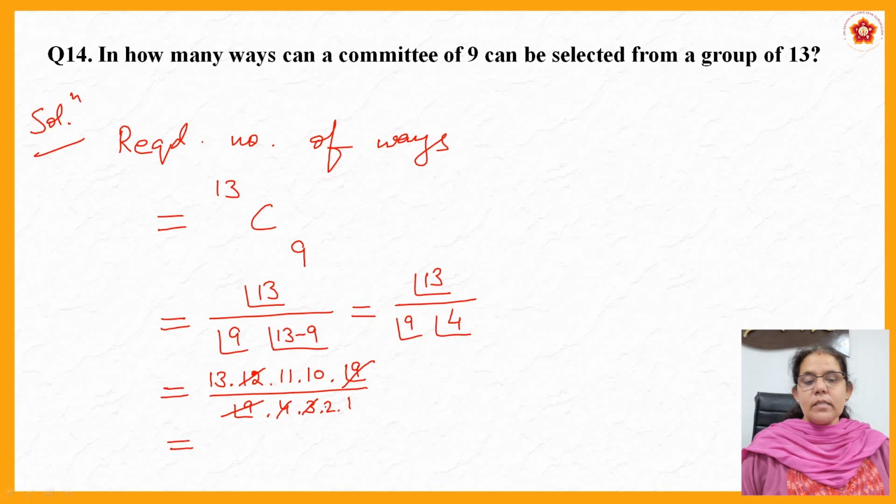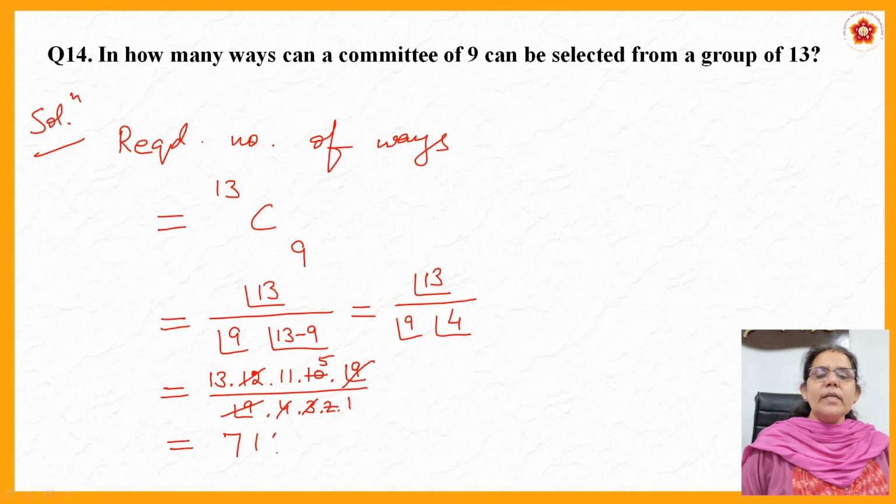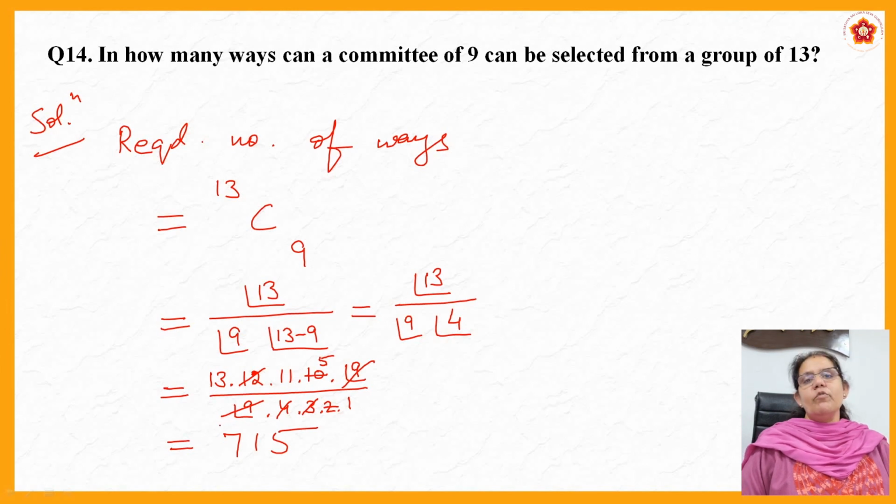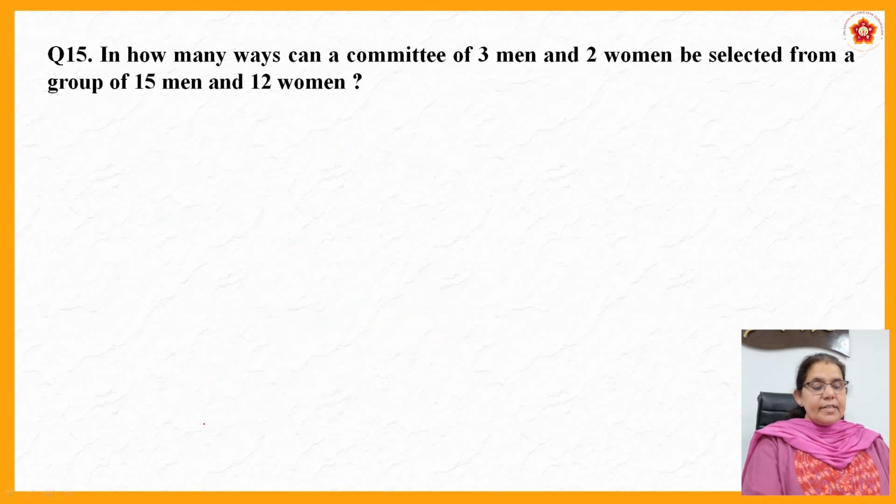Factorial 9 is getting cancelled. 4 3s are 12. It is getting cancelled with 12. Now we have 2 out here. So 2 5s are 10. Now multiply 13 by 11, and the product has to be further multiplied with 5. So we get the answer 715 ways. So in how many ways can a committee of 9 be selected from a group of 13? 715 ways.